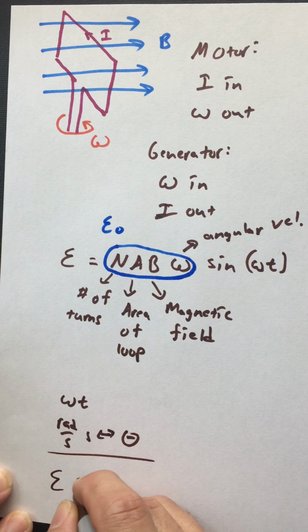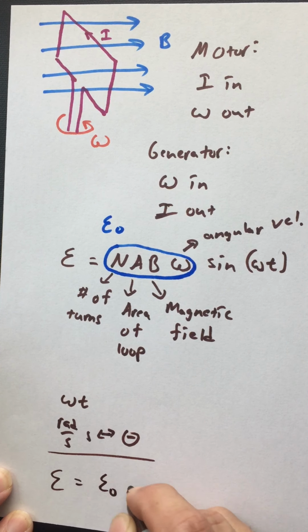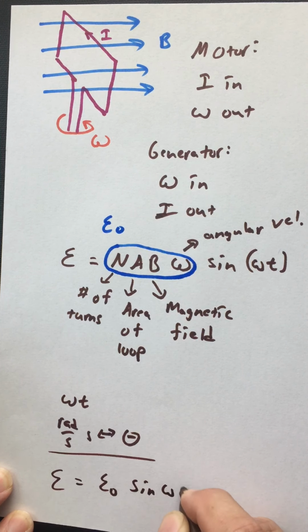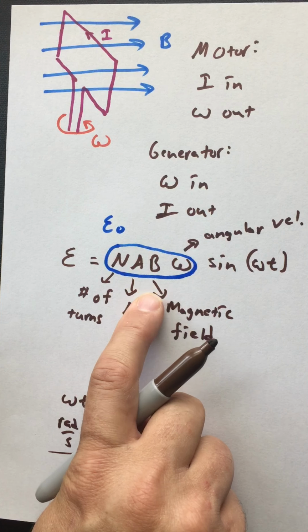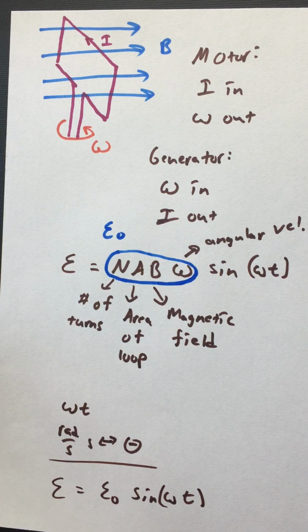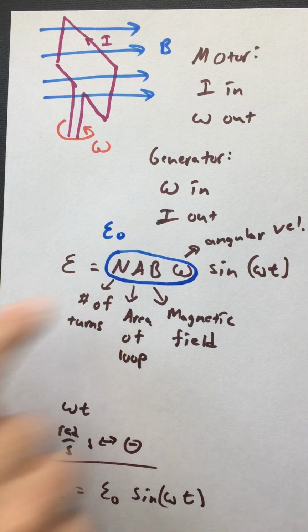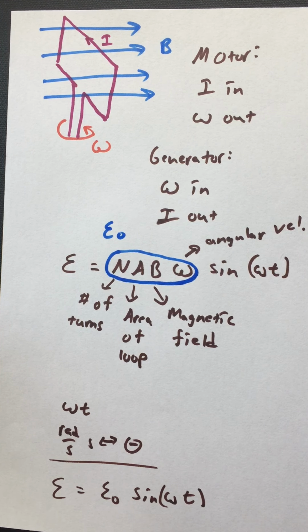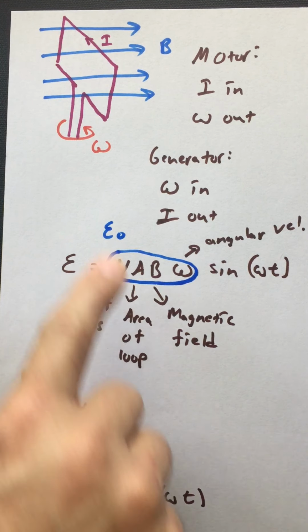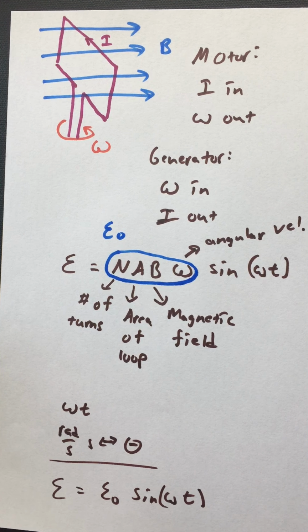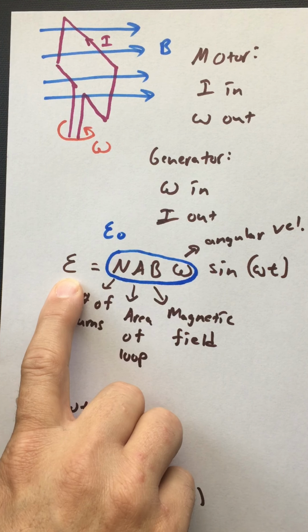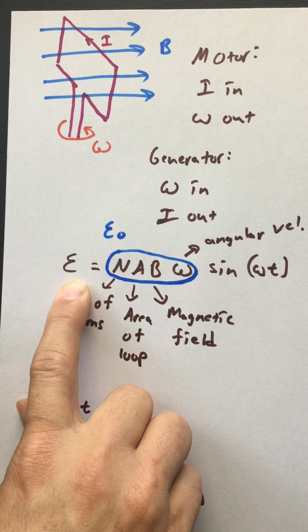E at any time is equal to E naught sine omega t. Both of these mean the same thing. I'm probably never going to write this. I'm going to write this because I think it's handier to have it sitting out in front of you. But this is the equation that gives you the induced EMF at any particular time in the coil.